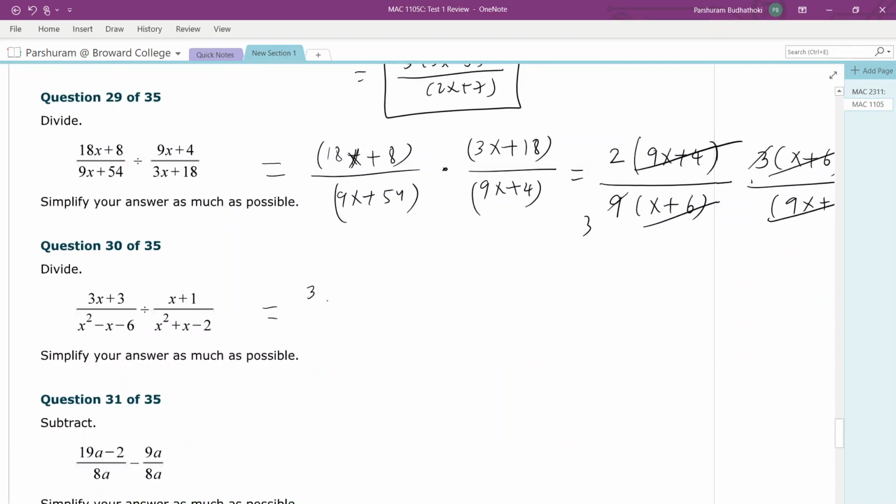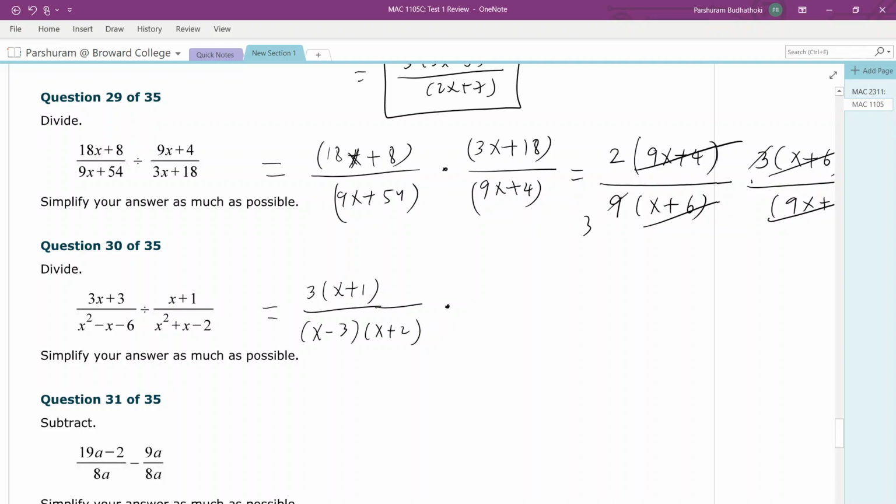We can factor the first expression, and that will be x minus 3 and x plus 2, because negative 3 times positive 2 is negative 6, and negative 3 plus 2 is negative 1. And now I'm going to change this division to multiplication, but for that I have to flip the second rational expression.